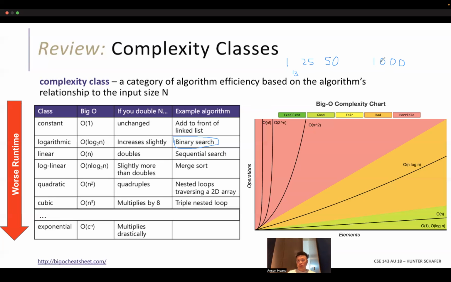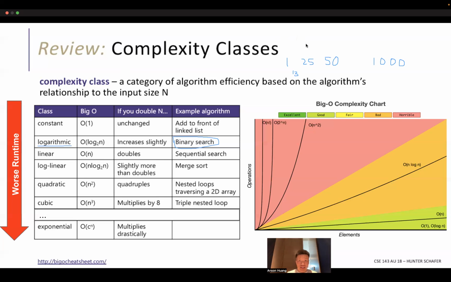As the input gets larger, the runtime does increase slightly, but not that much, because you halve the possible range of answers every single time. Each time you go through an iteration, you do half the work. So that's what logarithmic complexity is. Whenever you see something being halved, that usually means it's logarithmic time. Not all the time, though.